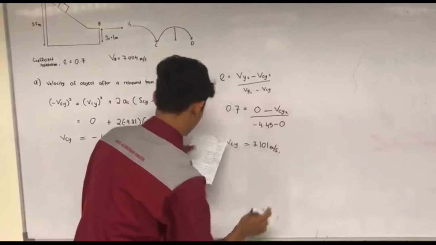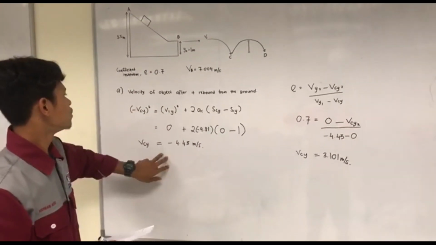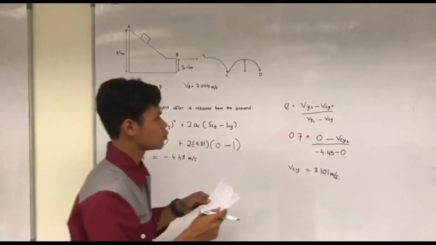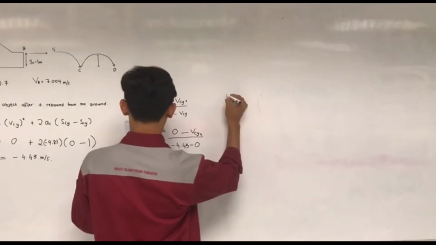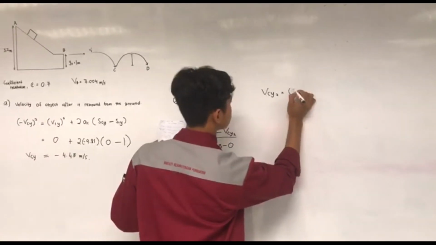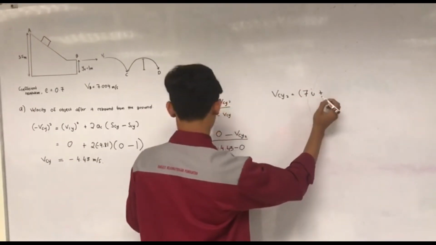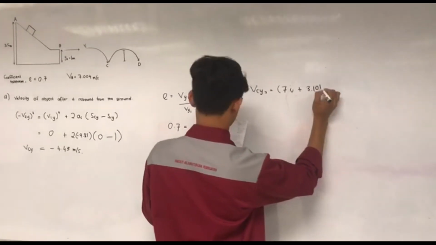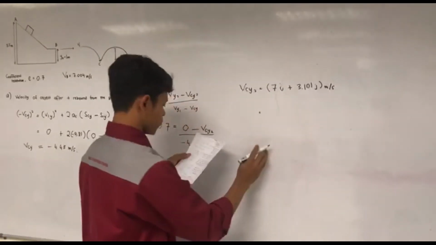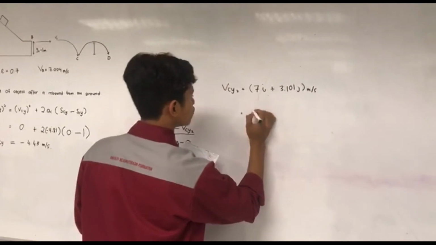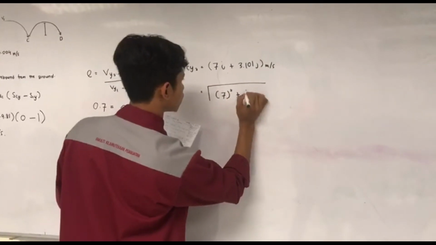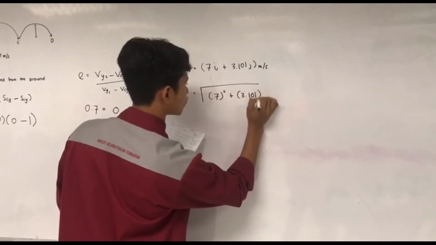meters per second. Since the question asks for the velocity of the object after it rebounds from the ground, we use the y squared is equal to... so we use the Pythagorean theorem.